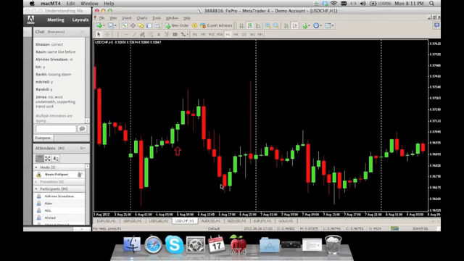Okay. We have a lot of okay, no wick underneath, supporting trend continuation. Okay. Remember, just focus on a couple of things. Only a few things. Okay. Is there a trend? Yes. Second question. Is it bigger than the previous candle?